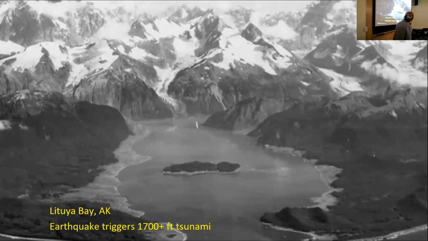Lituya Bay is a famous example of one of these landslide-triggered tsunamis. These events were really common in the 1964 earthquake in Alaska and along the south central Alaska subduction zone. And there probably have been thousands of these, some of which may have been observed, some of which haven't, associated with Queen Charlotte Fault earthquakes across the region. There are so many of these glacial fjords present.